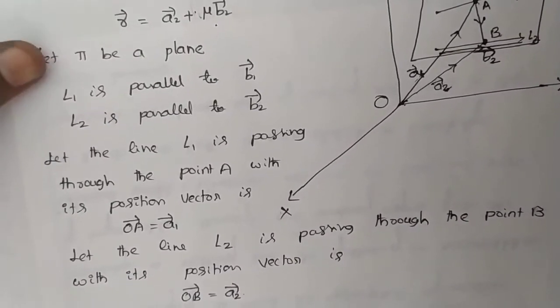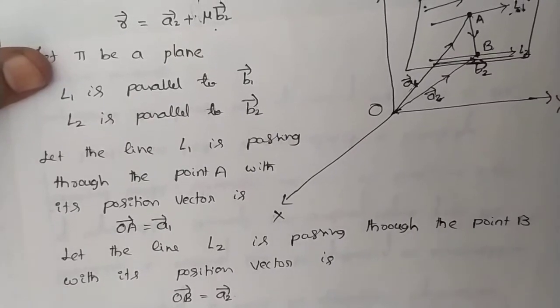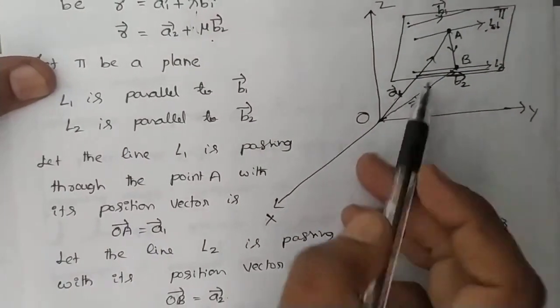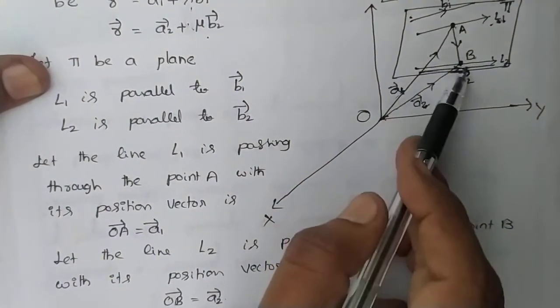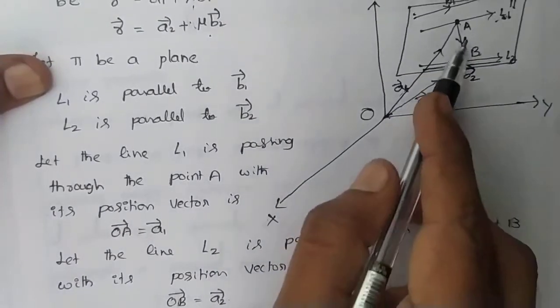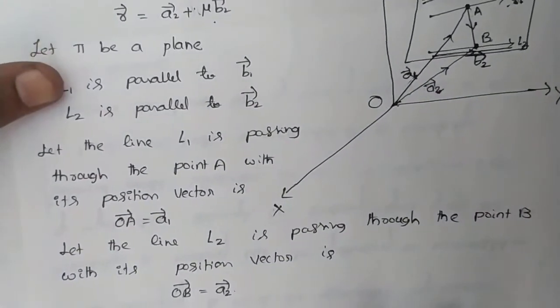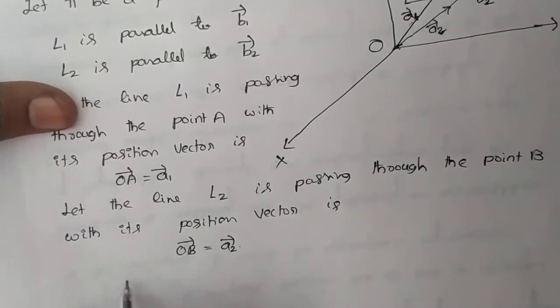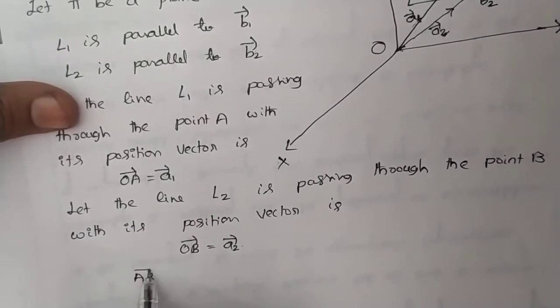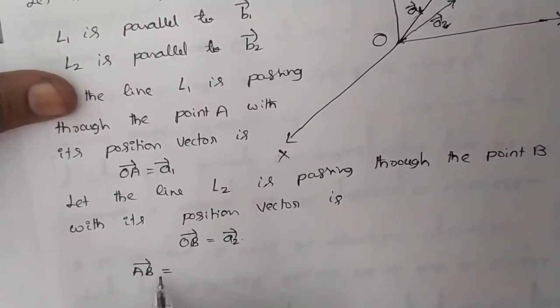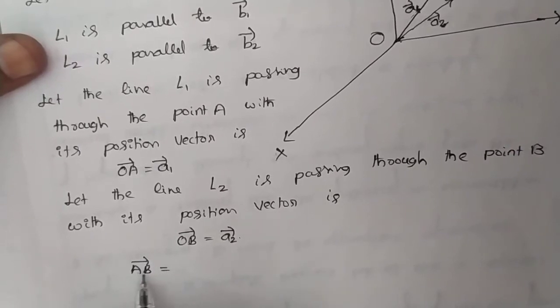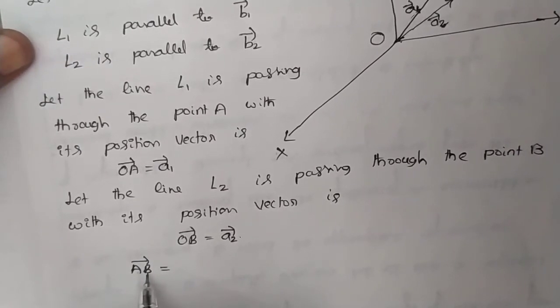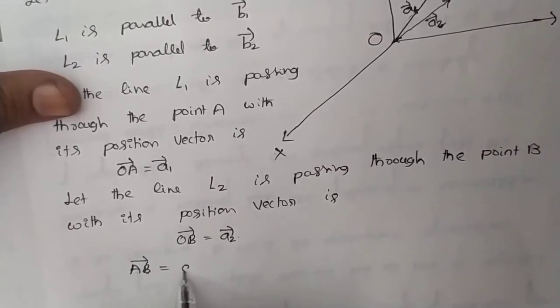Now you just see the diagram. Here we have the vector AB. How are you going to write that AB vector with its position vectors? I already told you that the AB vector can be written as OB vector minus OA vector.